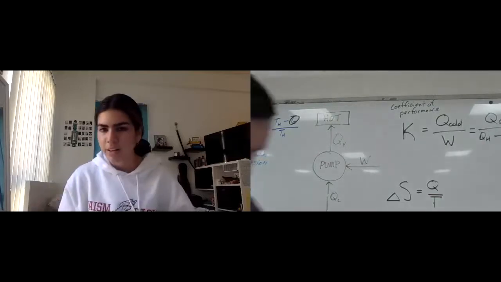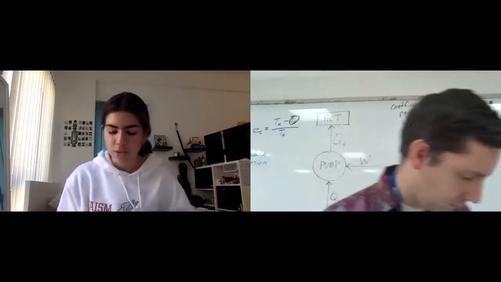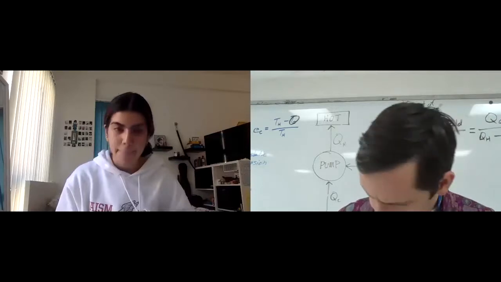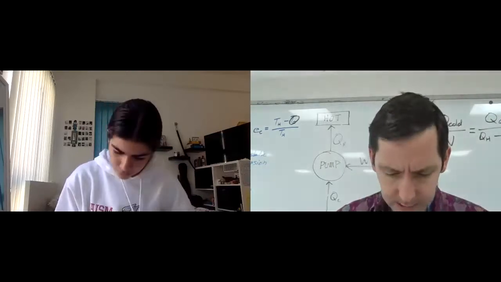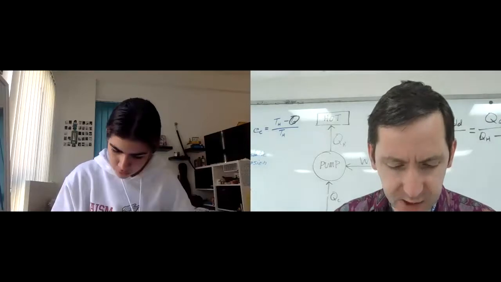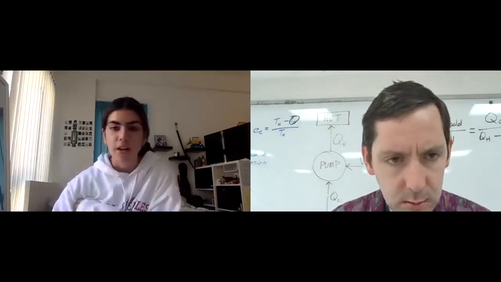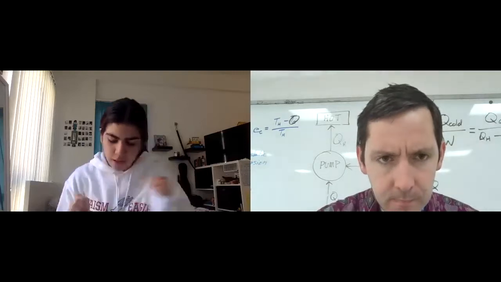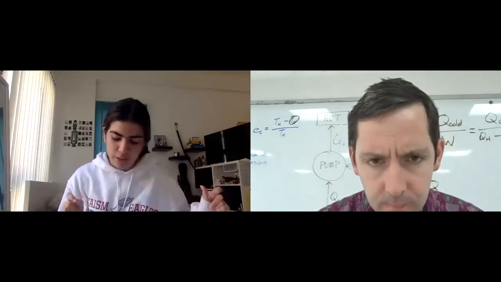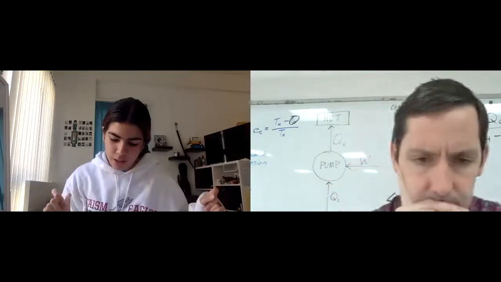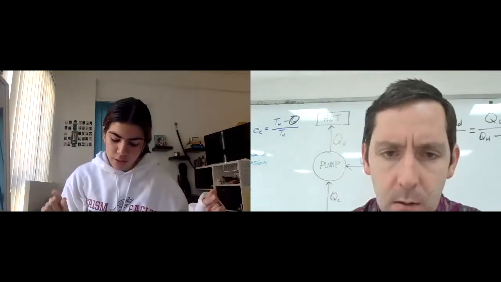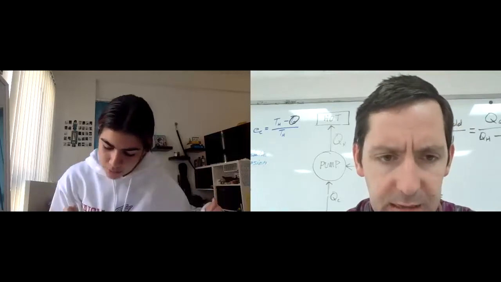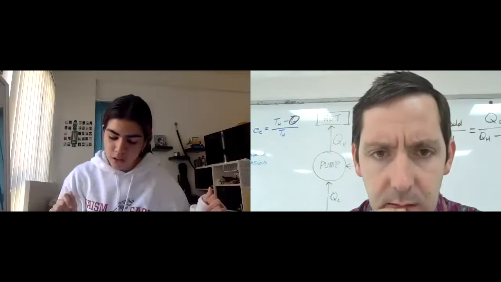I tried that, but I think I got a different value than what was on the answer key. Using the 3/2 nRT. Yeah. The pressure is 3 P0 and the temperature is 3 T0, right? And V is V0.